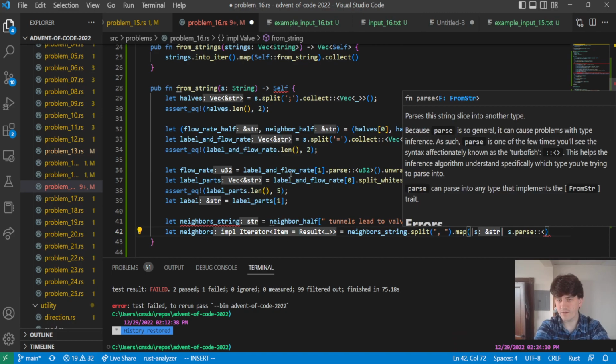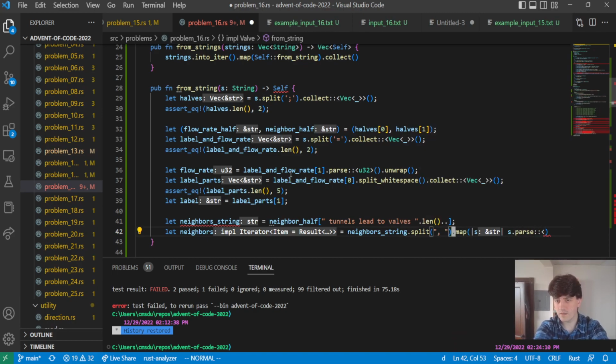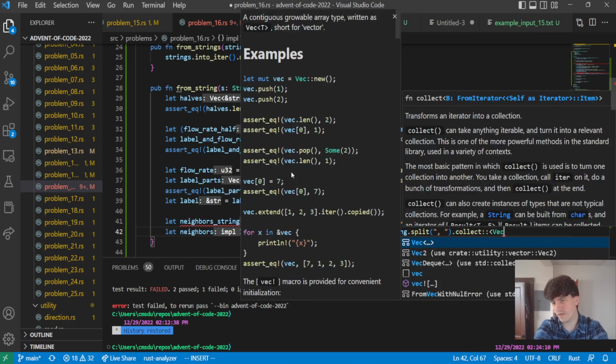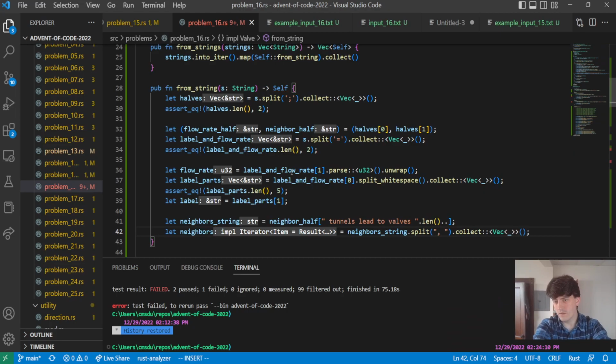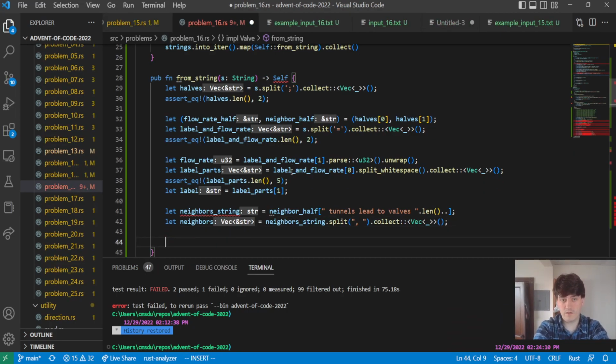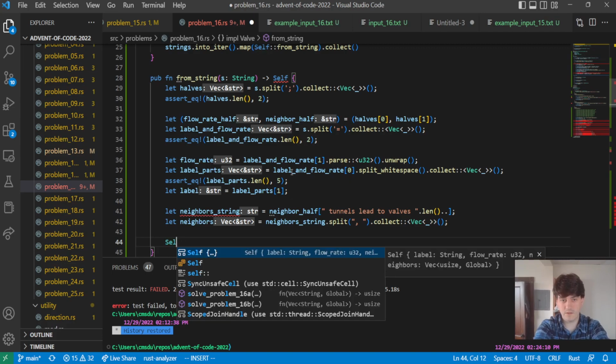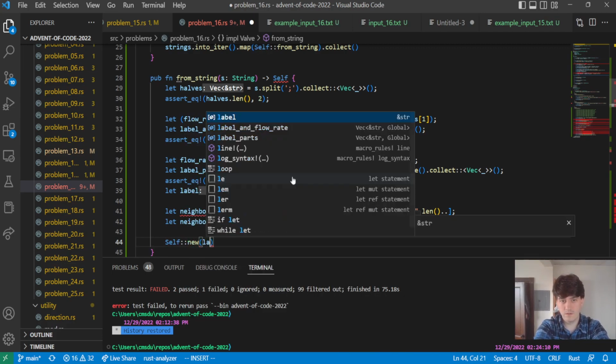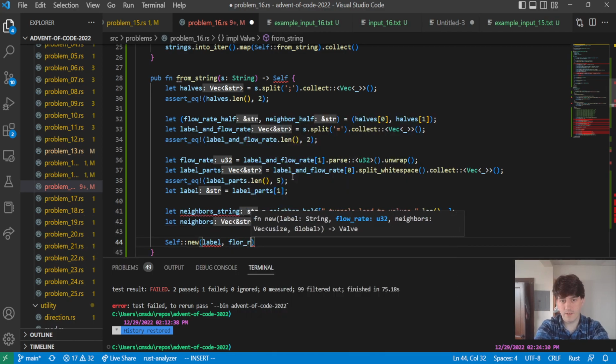Oh no, I don't have to parse it. I just split it and collect it. Collect this into a Vec. And then we return Self::new(label, flow_rate, neighbors).